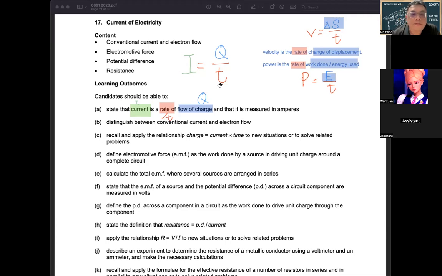This formula, if I rearrange it, can all of you rearrange and make Q the subject? What will the formula be now? Q is equal to what? Can you type it out in the chat now? Make Q the subject and tell me the formula.